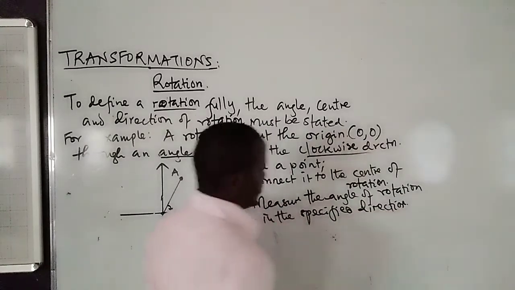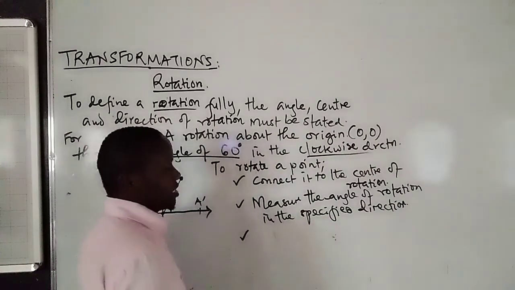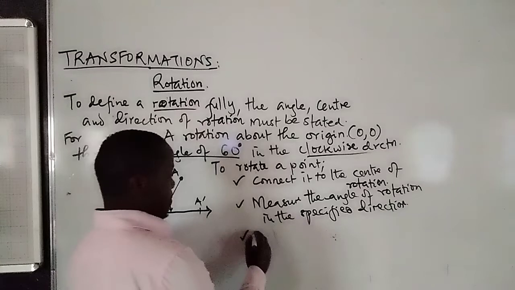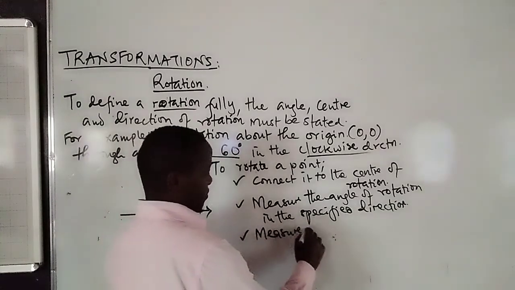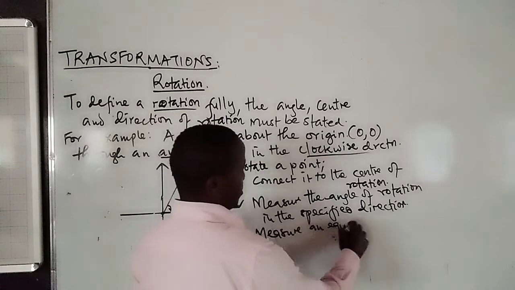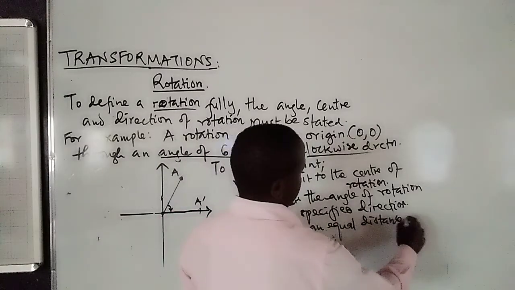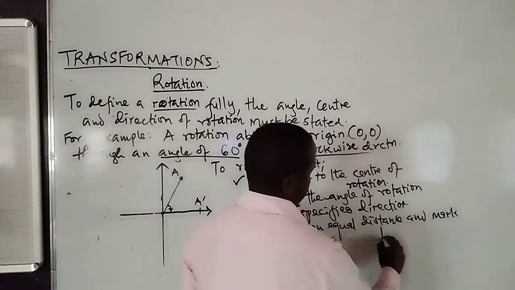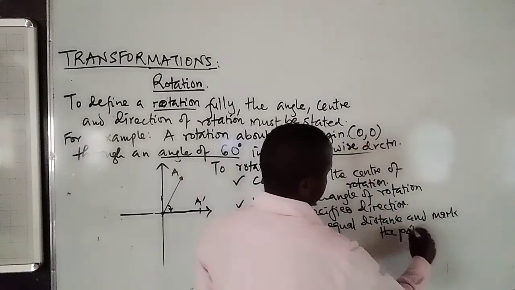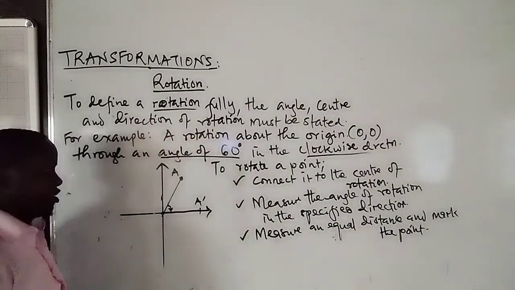Then after that, you measure an equal distance and mark the point. That will be the rotated point.